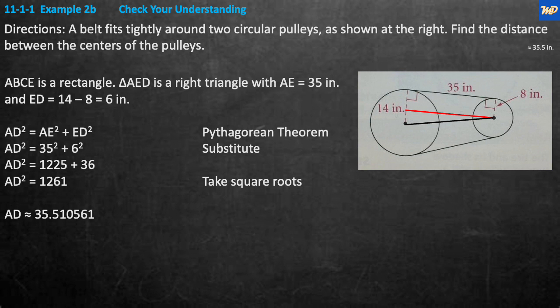So we know that ABCE, it says, is a rectangle. Well, what is ABCE? Well, let's make it up here. I'm going to say that ABCE, A, B, C, and E is this point right here.